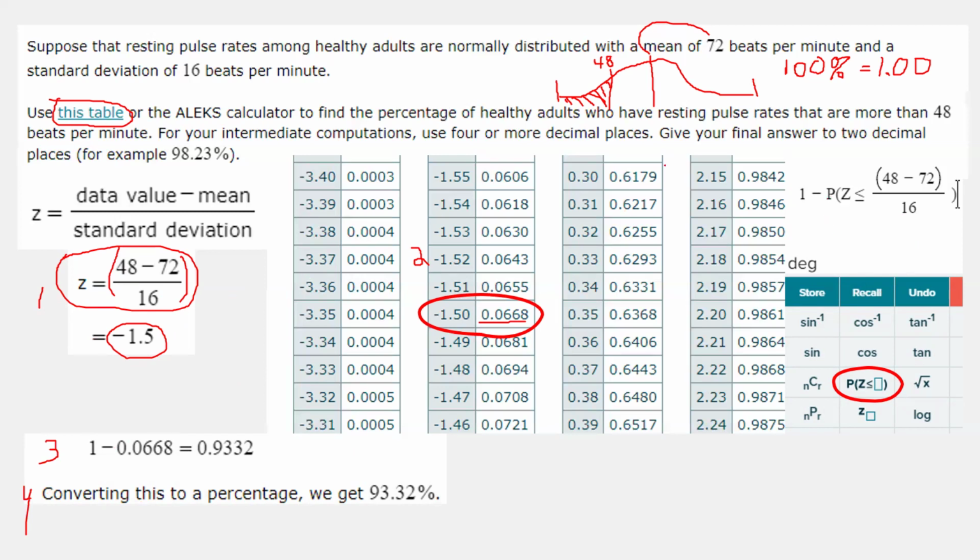In this case, you needed to know that you were doing 1 minus, which we could read and we would know that from the question. This is why reading these questions is vital. So I put in the 1 minus first, then I hit my button here, and then when I hit enter, it's going to give me this answer right here.